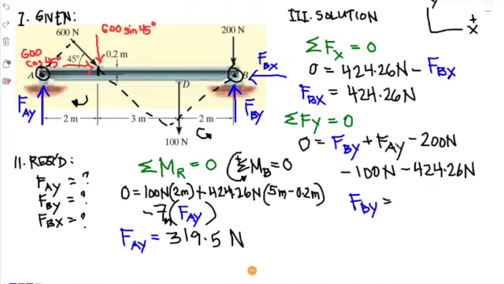So let's plug that in our calculator, and we have approximately 404.77. So let me do that again. 424.26 plus 300 minus 319.5.